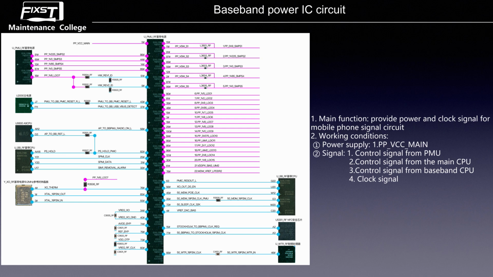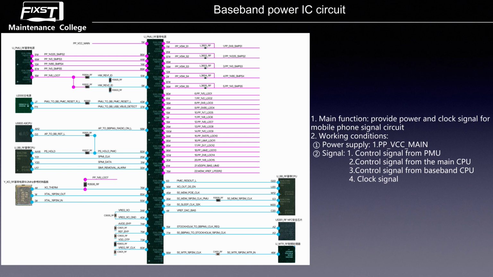And continue going down, you can see the 15.8 pin. This is the CPU to baseband power IC, the in-power signal. And then continue going down, you can see the CPU's G3 pin. This is the CPU to the baseband reset signal. This signal works for the baseband CPU and the baseband power IC at the same time.